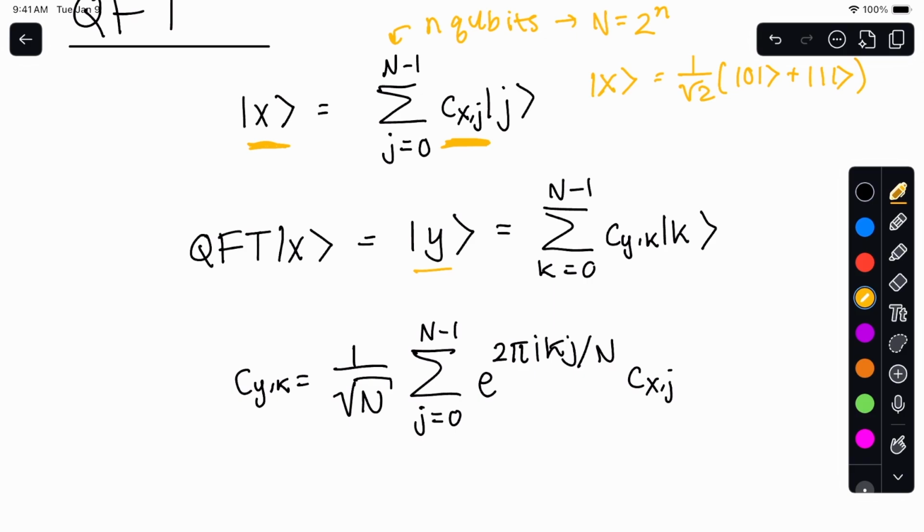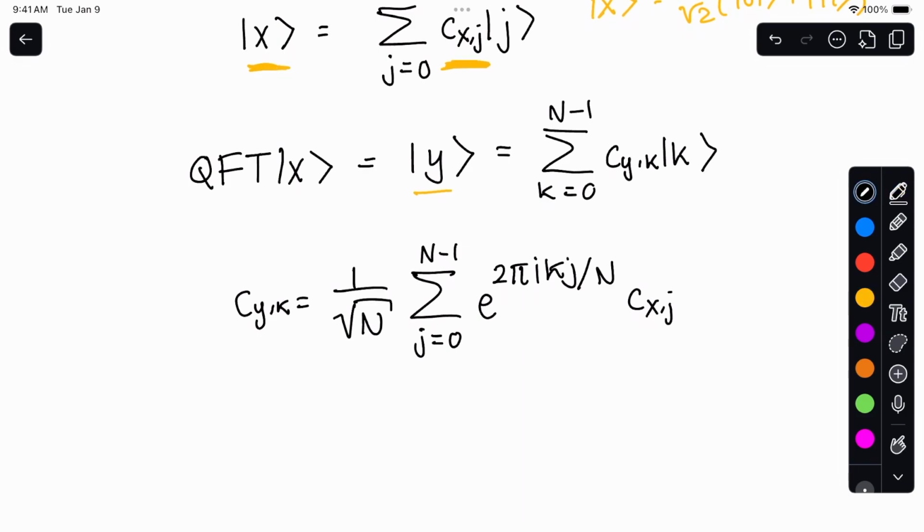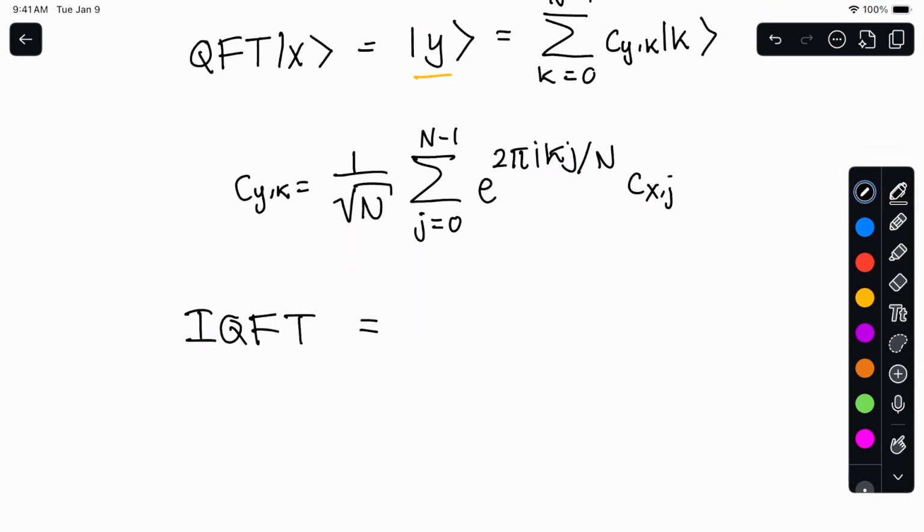But now this coefficient cyk is going to be the Fourier transform of the coefficients of x. One question you could ask is, well, what is the inverse quantum Fourier transform? And think about what you would do if you wanted to undo a unitary operation that you've done. And the QFT is a unitary operation.